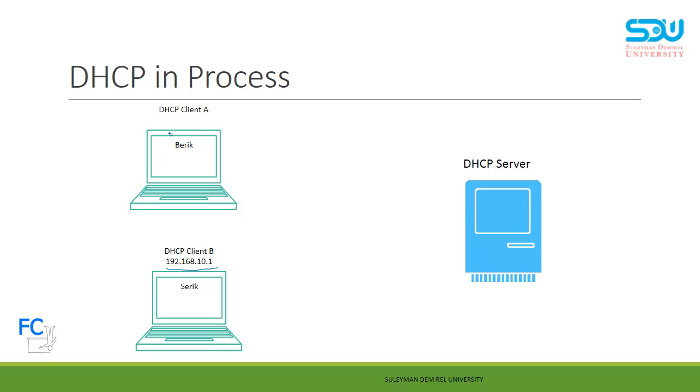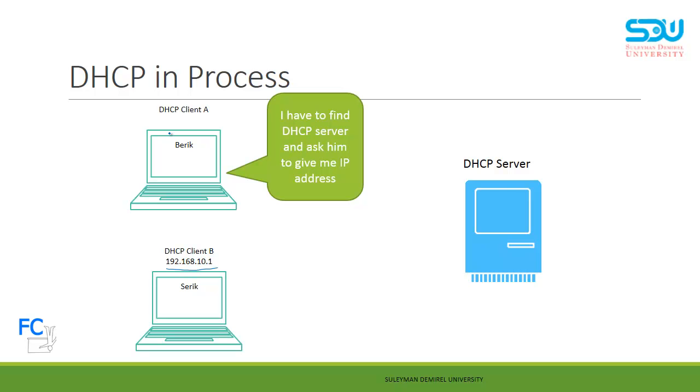What is happening when Beric's computer is turned on and its Wi-Fi adapter is turned on is that it starts to think: I don't have a static IP address. And without an IP address, I'm not a proper member of the local area network. I have to find the DHCP server and ask it to give me an IP address, thinks Beric's computer.